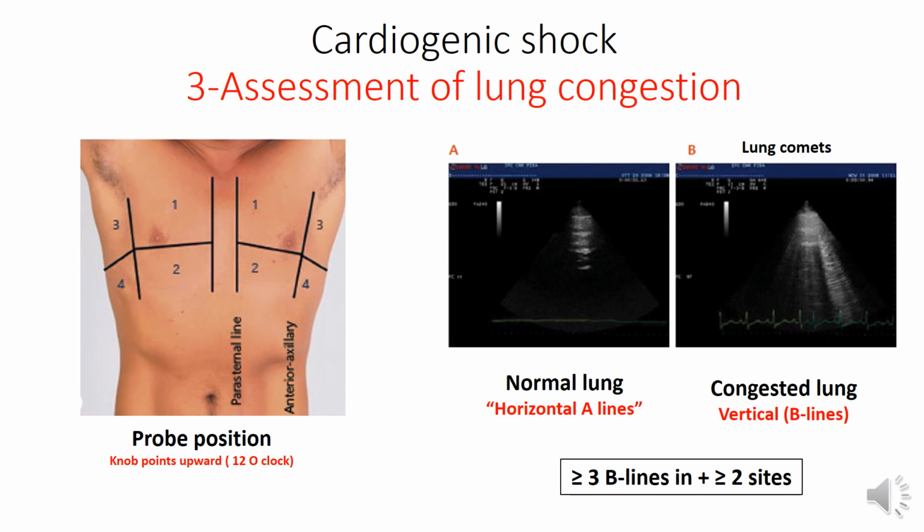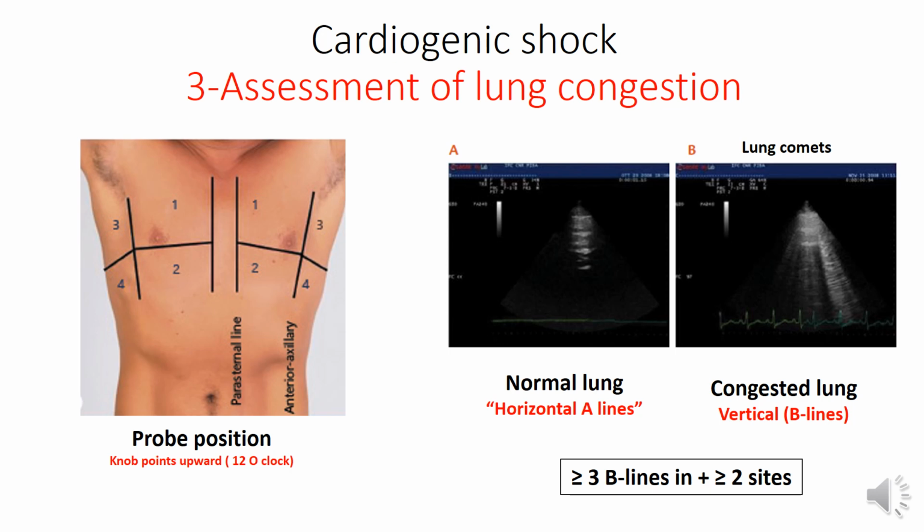So in this case, with normal lung, you will get this black view of a healthy lung, and the only thing here is a transverse line caused by reflection of ultrasound, and some artifact behind it caused by reflection of ultrasound on the pleura, and this is normal, called A lines.